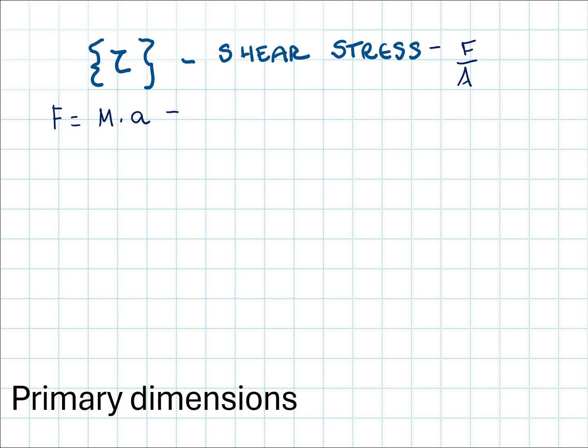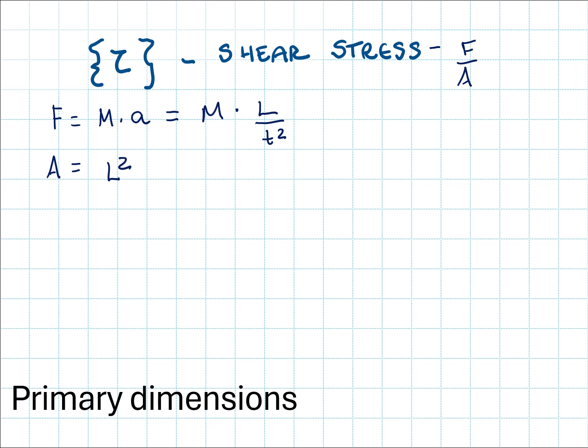And so my primary dimensions of mass, of course, are mass. My primary dimensions of acceleration are going to be a length per unit time squared, right? So that could be something like a meter per second squared. Let's look at my primary dimensionalities of the second parameter, area. So this is going to be a length squared.